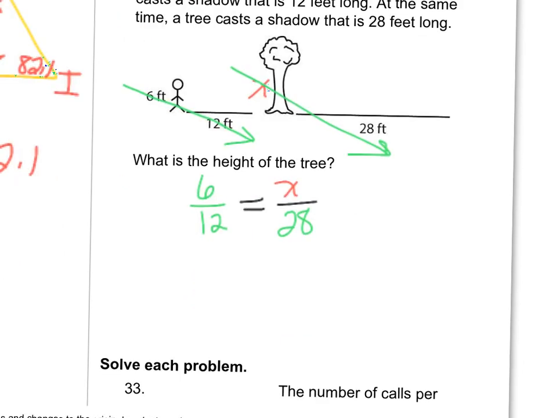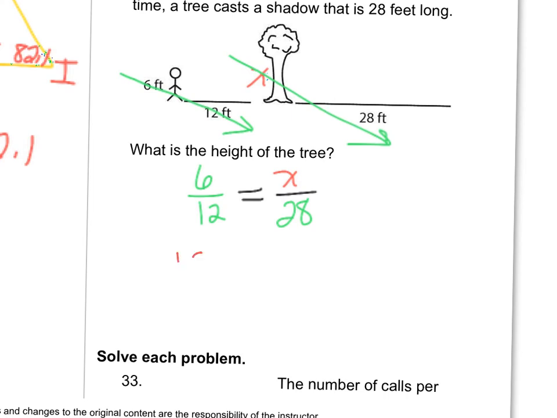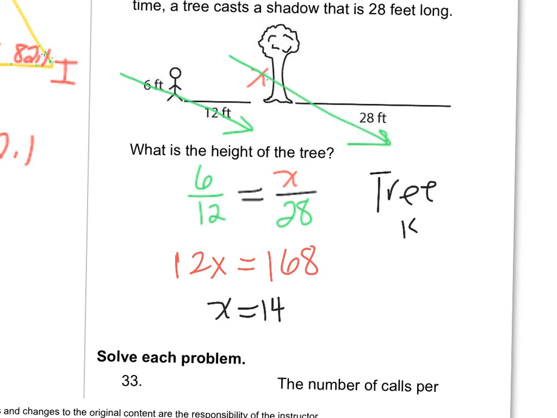So 12 times x is 12x. And 6 times 28 is 168. And if you divide by 12, that means x is equal to 14. And since everything was in feet, that means our tree is 14 feet tall.